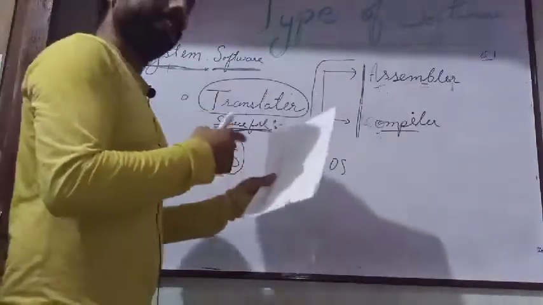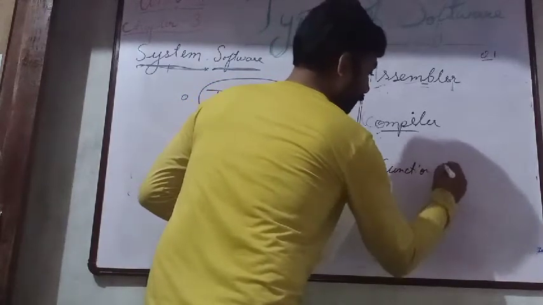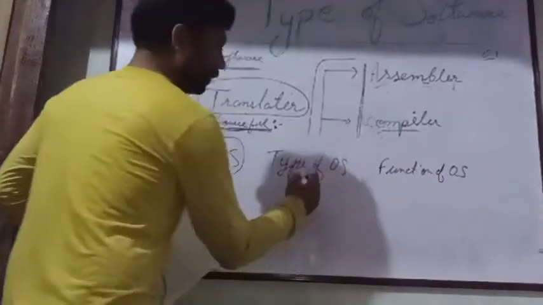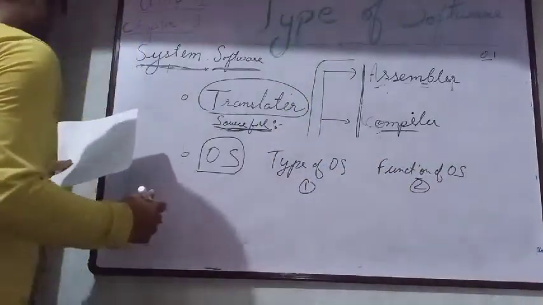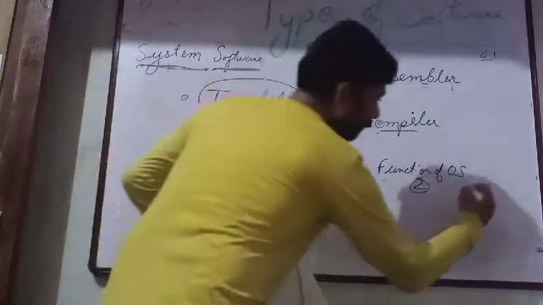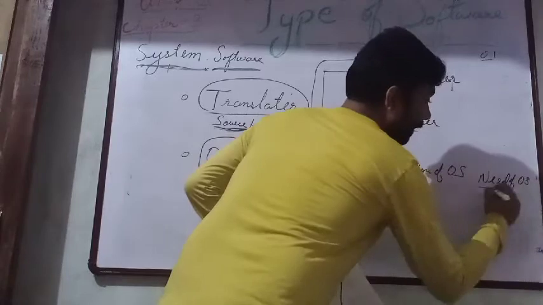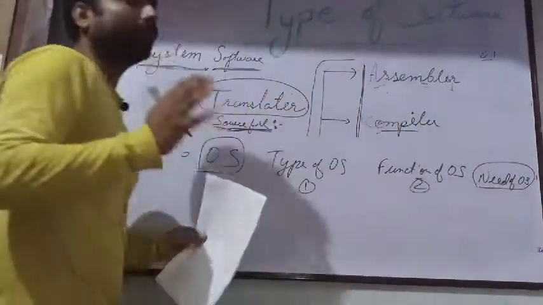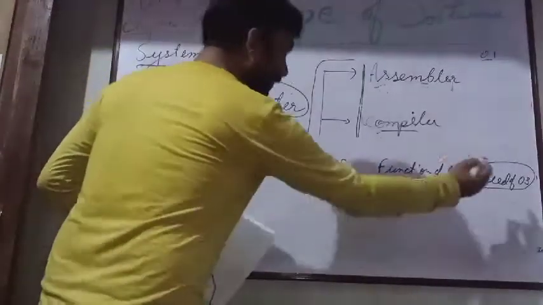Now let's see how wide the topic is: function of OS, need of OS. These all points you have to remember. I will explain them point by point, don't worry. Type of OS, function of OS, need of OS.